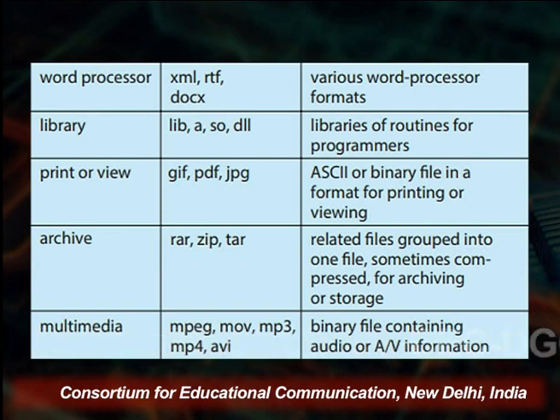Then we have archives, .rar, .zip or .tar files, which are related files grouped into one file, basically compressed for achieving compaction on the storage. And then we also have multimedia files, MPEG, MOV, MP3, AVI, MP4 and so forth, which are binary files containing audio or video information.